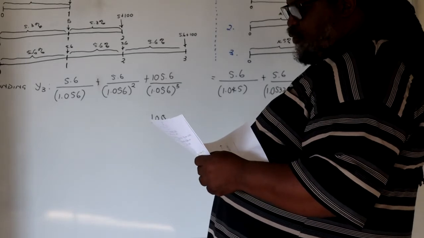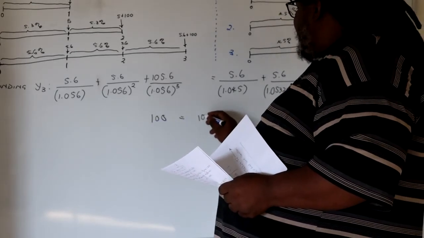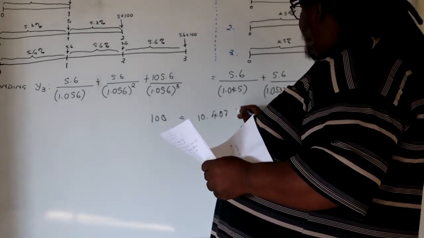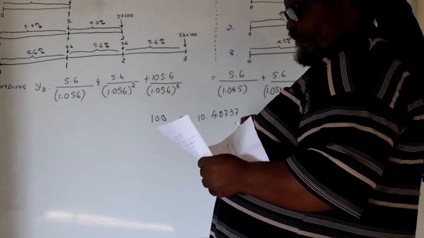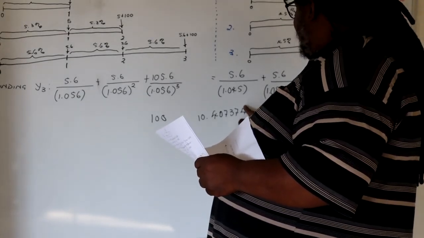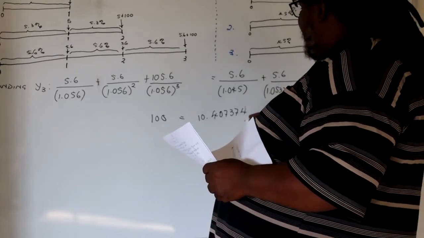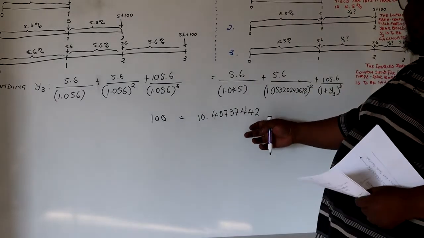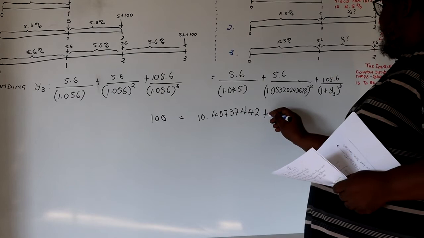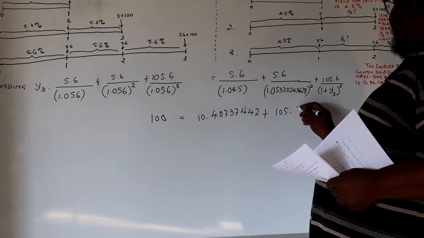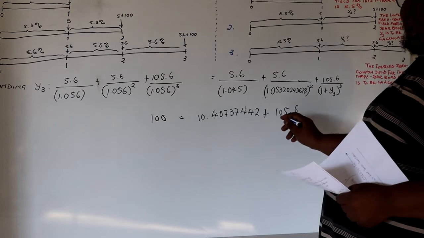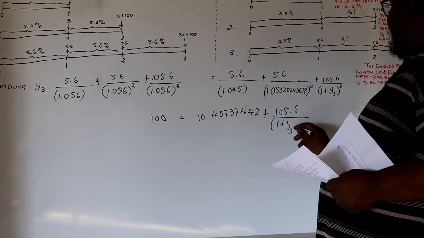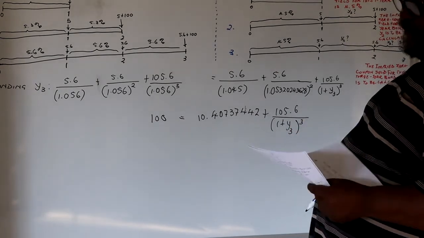these two work out to 10.40737442. You can use your calculators to confirm that this is indeed correct, plus 105.6 over 1 plus y3 all raised to the power 3.